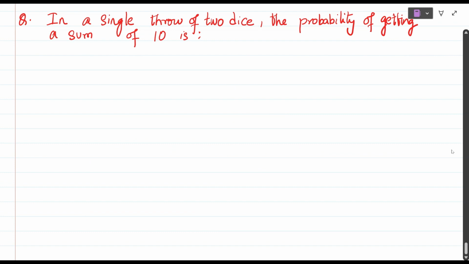Students, the next question is, in a single throw of 2 dice, meaning here they are throwing 2 dice, and they are asking the probability of getting a sum of 10. Before solving this question, you have to know the total possible chances if we throw 2 dice. That one I am going to write here.